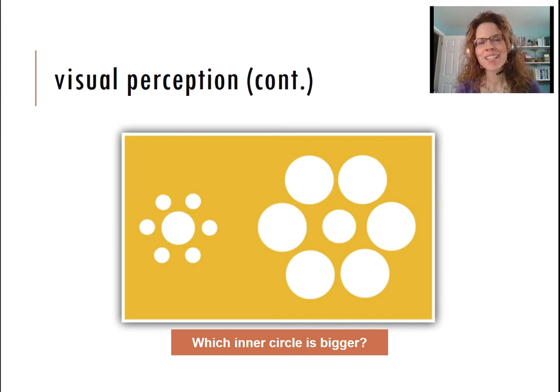The other is contrasted with bigger circles. And so we imagine that the one is bigger than the other, when in fact they are the exact same size. Something as simple as this should illustrate, I hope it illustrates for you, the reality that our perception is not necessarily about being objective, but rather is influenced by other factors.